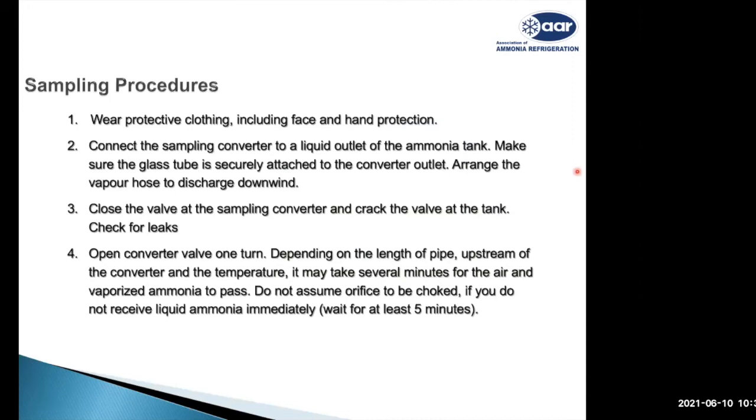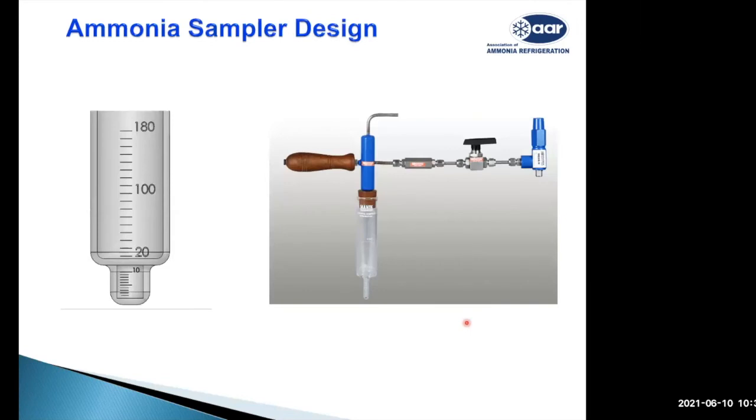Then slowly open the valve and wait for the air to pass through. Open this valve slowly, and this valve very partially, as there is a possibility of air initially coming from the hose connected to it. So let that air pass.